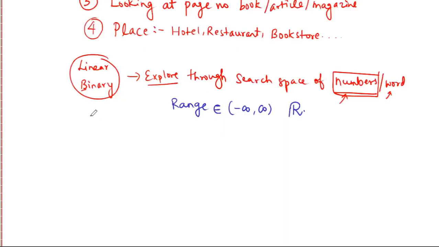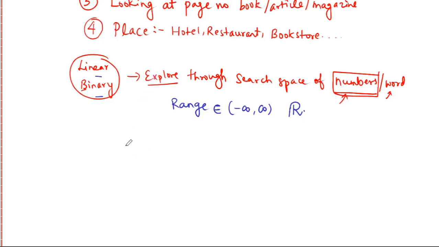How linear and binary search operate on the set of real numbers will be looked at through an example first, then the pseudocode of the algorithms will be discussed, and then the time complexity and space complexity of both algorithms will be compared.